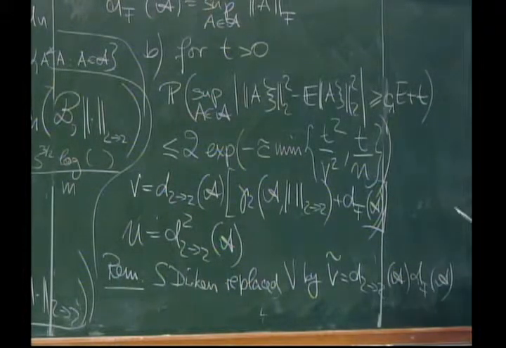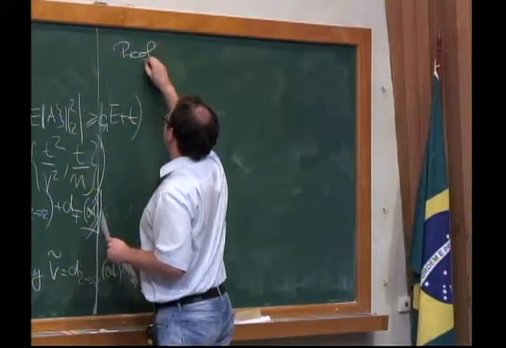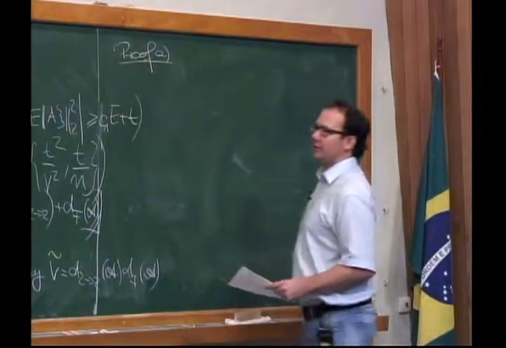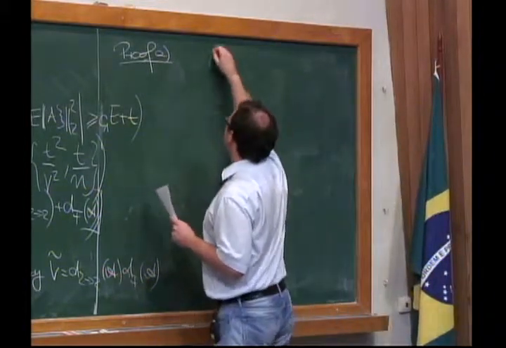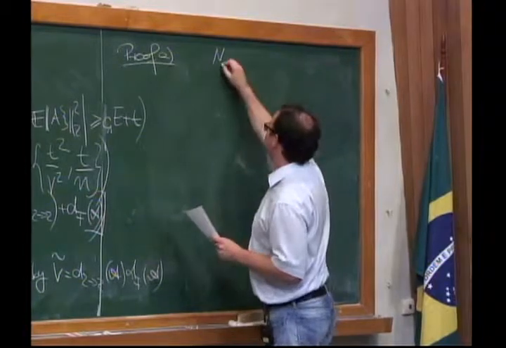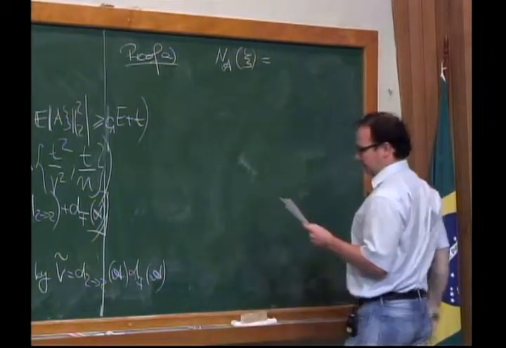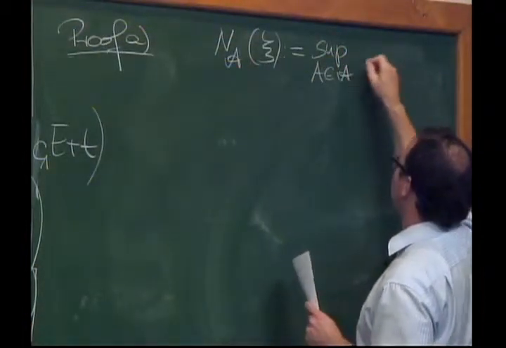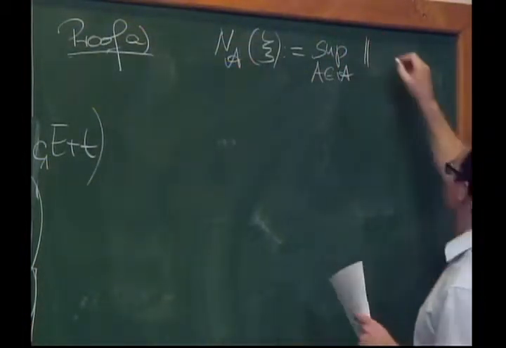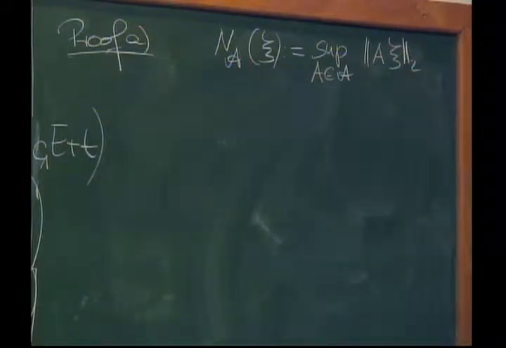Okay, so let's see how far we get for the proof of A. We first introduce a quantity N_A of xi, which is the supremum of the 2 norm of A xi.